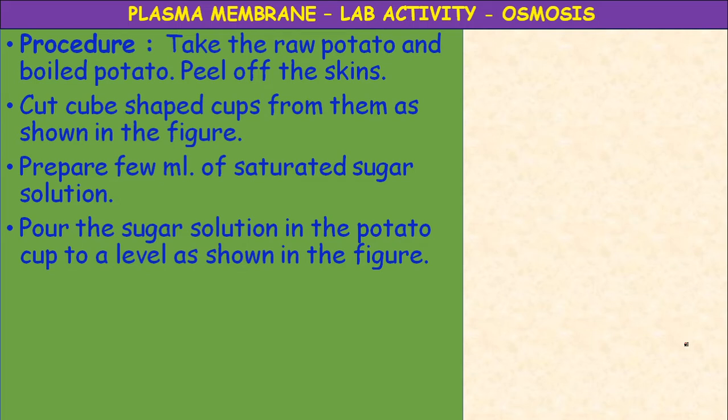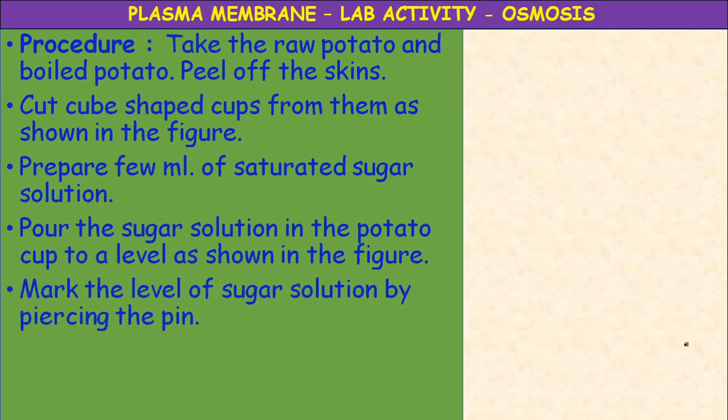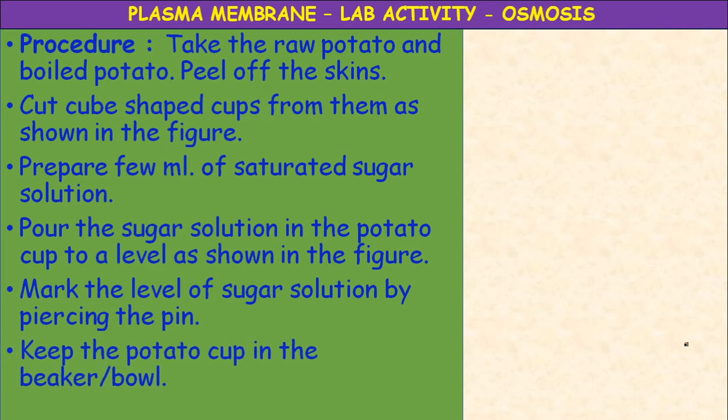Pour the sugar solution in the potato cup to a level as shown in the figure. Mark the level of the sugar solution by piercing the pin. Two pins we already kept ready. So you have to mark it by piercing the pin in order to mark the level of sugar solution.